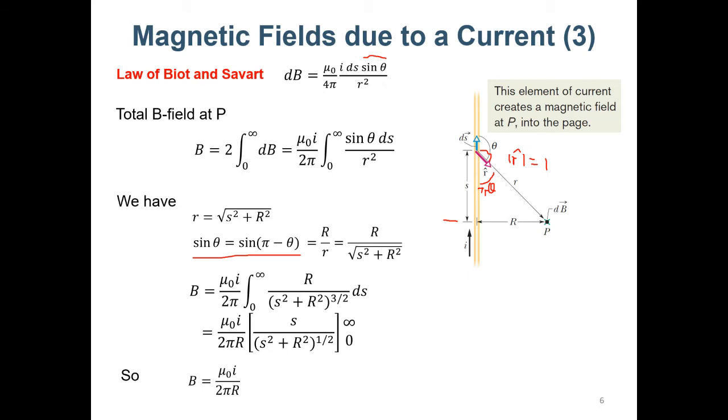Small r is this one, and then we substitute all of them into here. So it looks like this. And then we substitute 0 and infinity into this expression, and we finally find that B looks like this. So it's based on an integral, which looks a little bit complicated.